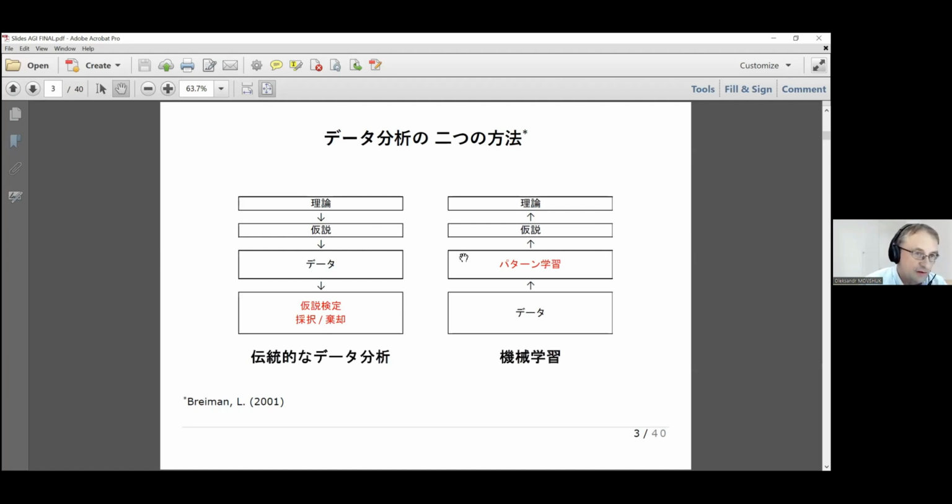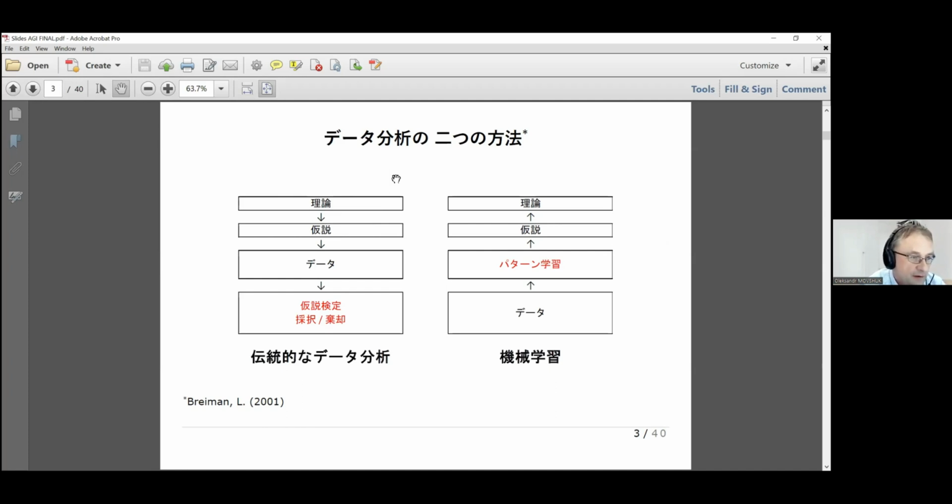In the traditional data analysis, on the left side, we start with theory, and then based on the theory, we formulate hypotheses, and then we collect data. Based on our theory and our hypothesis, we estimate a model, and the focus is on the parameters of our model.